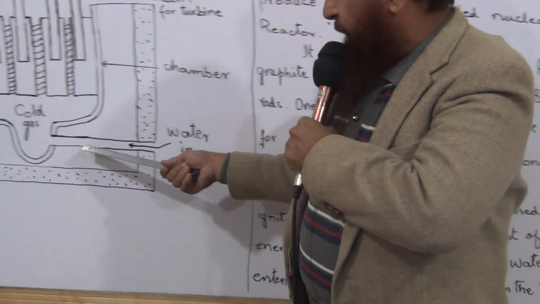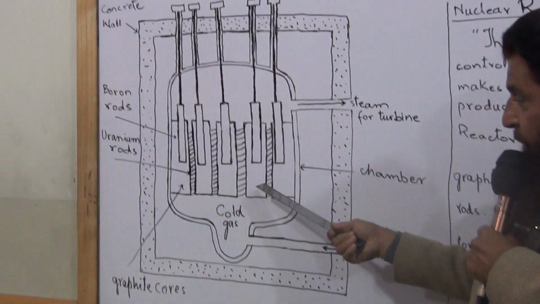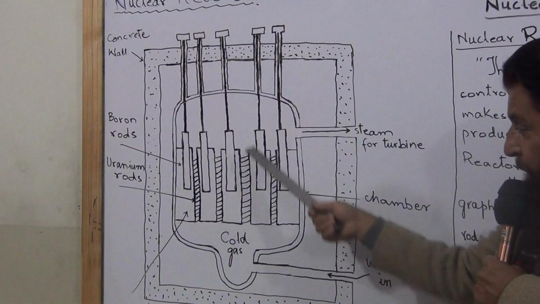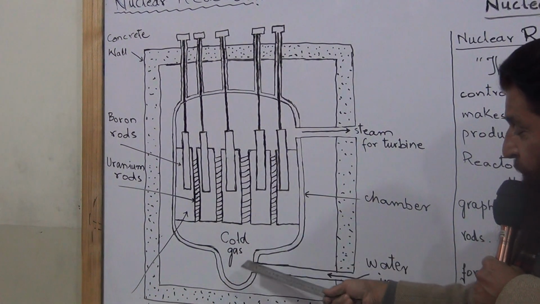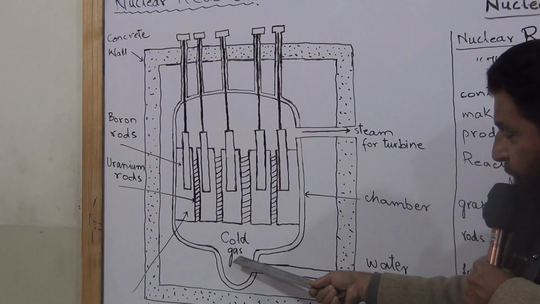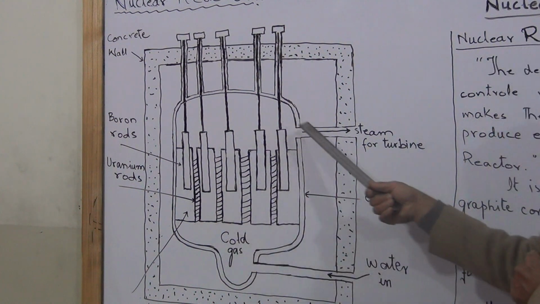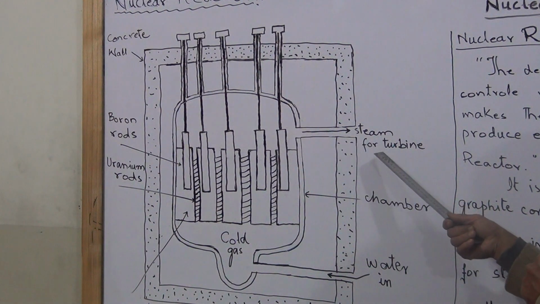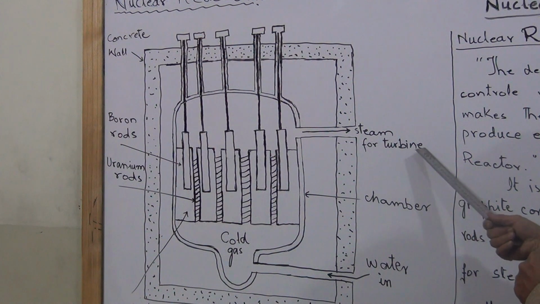So this water is entering into the chamber. Here the fission reaction is being performed. Heat energy is produced which changes this water into steam, which is released from this outlet for running the turbine.